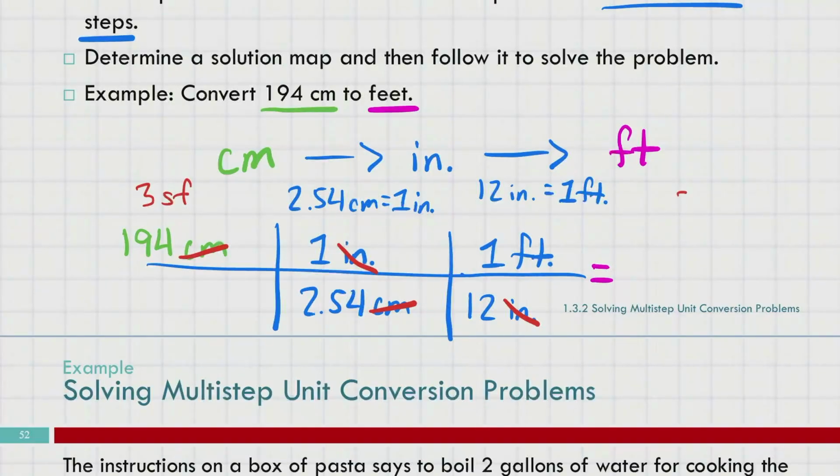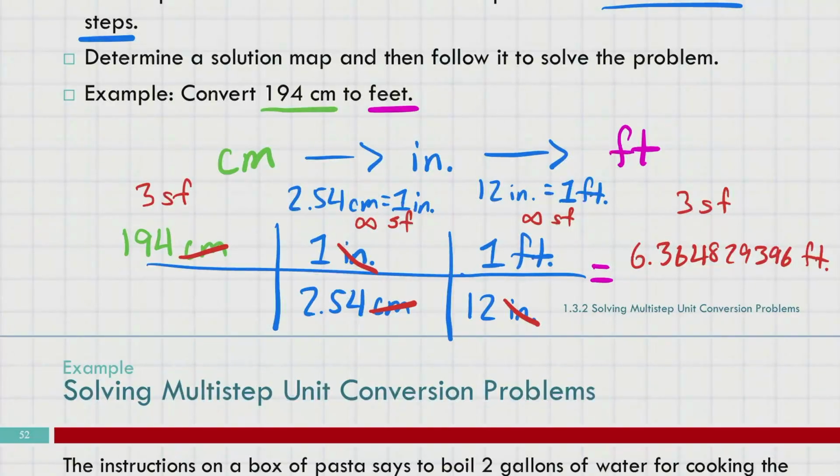So our answer should also have 3 significant figures. These are both exact, so they're infinite sig figs. So the calculator says 6.364829396.